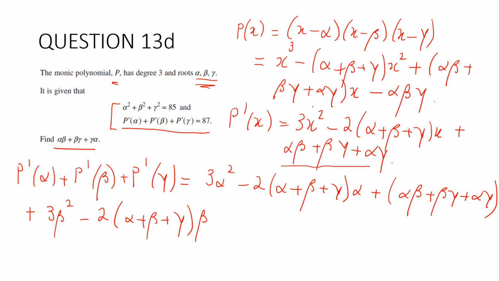Can you see I'm going to get 3 of those? So I'm just going to do a sneaky 3 there so I don't have to keep writing that out. Plus, substituting gamma, 3 gamma squared minus 2 alpha plus beta plus gamma times gamma.